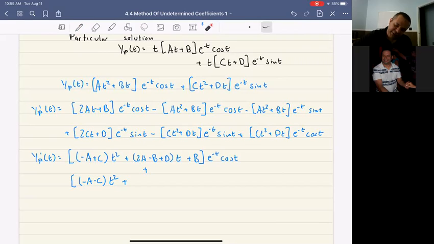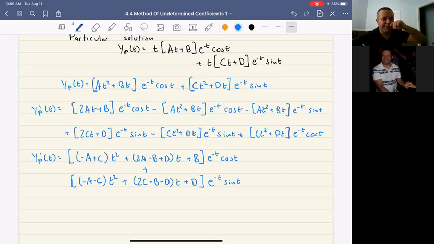So the t terms are going to have minus b. Remember, these are the t terms with the sine. So minus b plus 2c minus d. And then the constant term is just going to be plus d, all times e to the negative t sine of t.